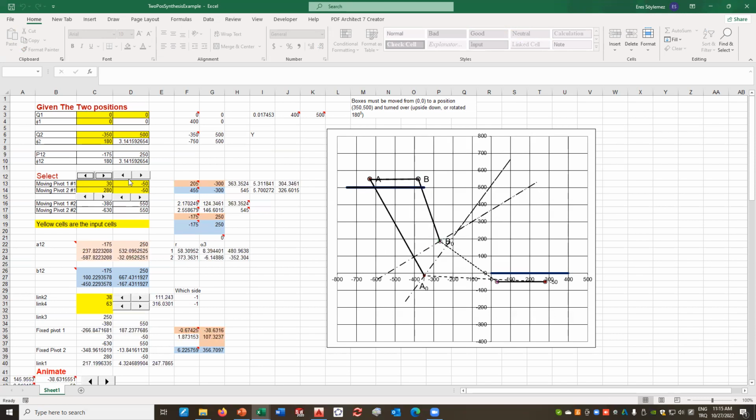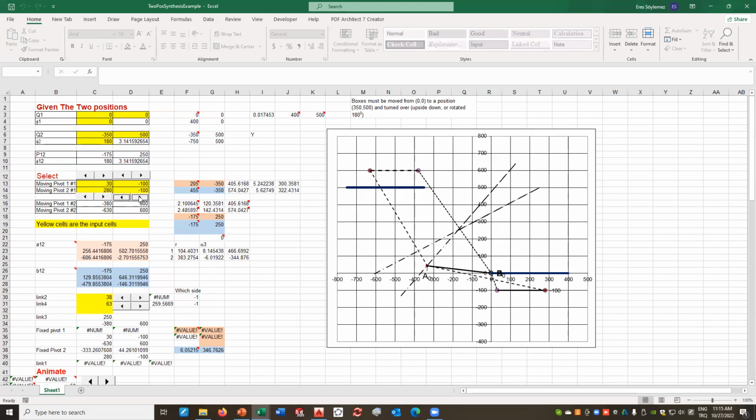You can change the X and Y coordinates. Of course, these have to be in certain limits, depending on the problem. You cannot simply select them. You can change link lengths.